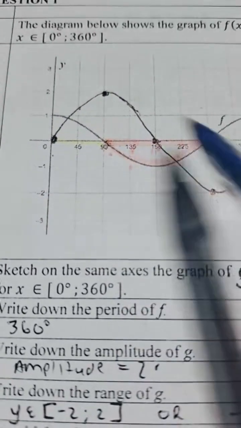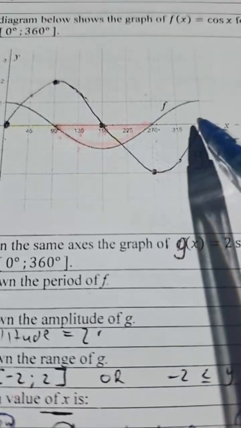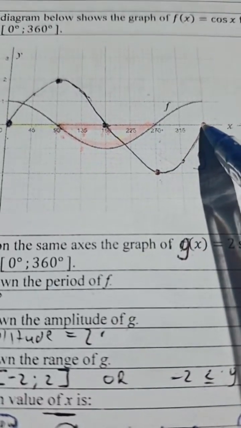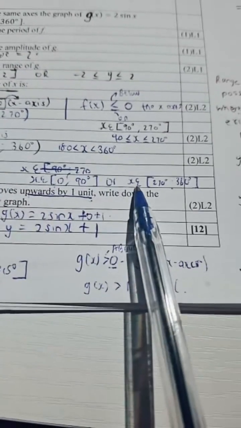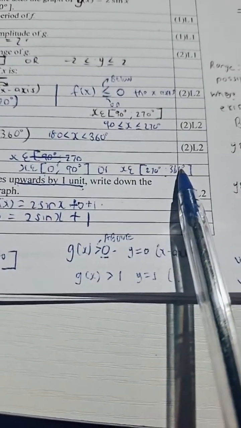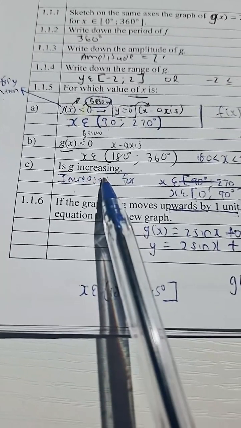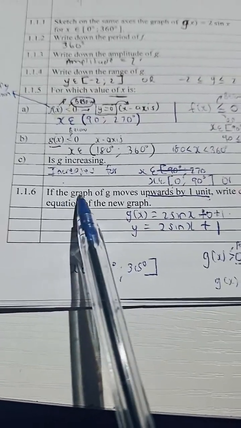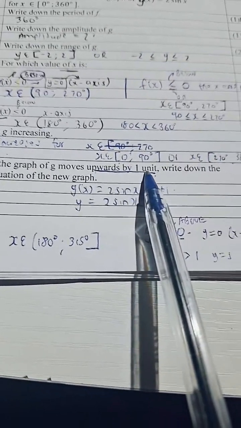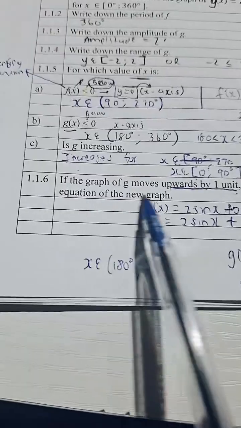Then from 90 to 270, look at the decrease. Then from 270 to 360, look at the increase. So when we wrote down the intervals, we said x is an element of 0 to 90, or x is an element of 270 to 360. That's where G is increasing.